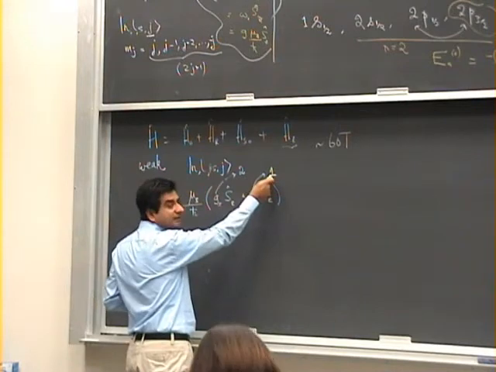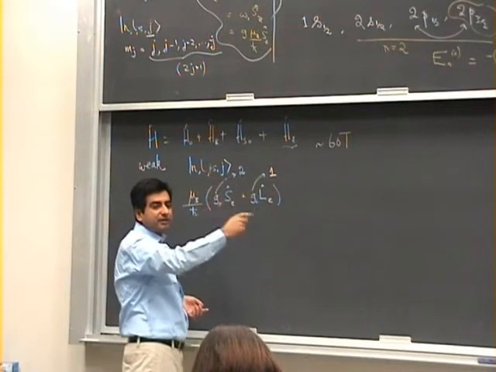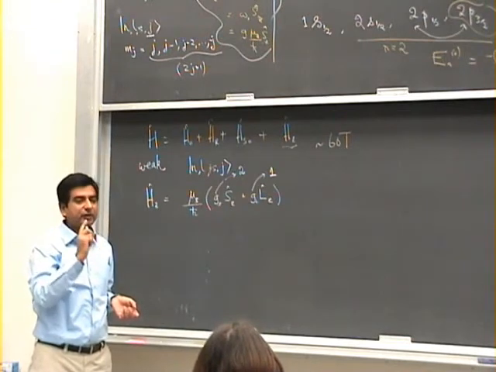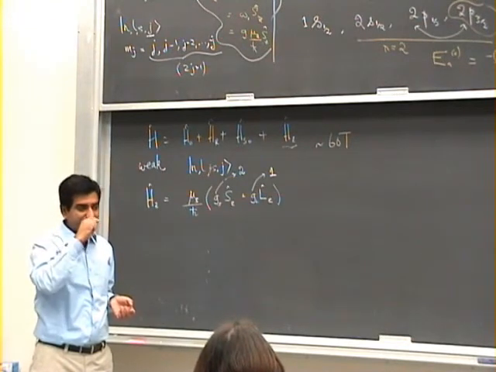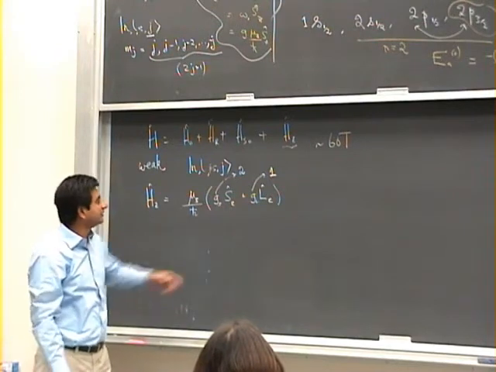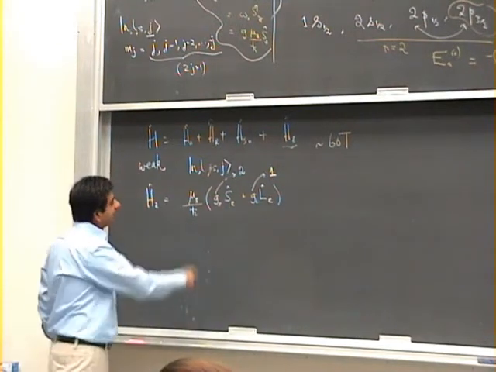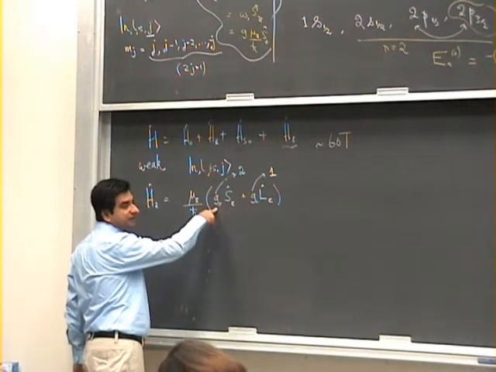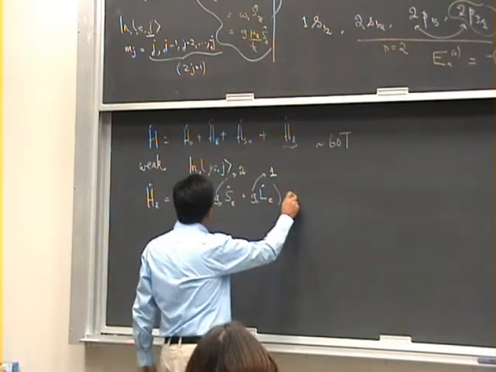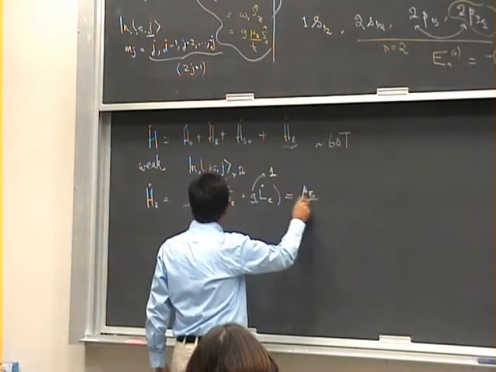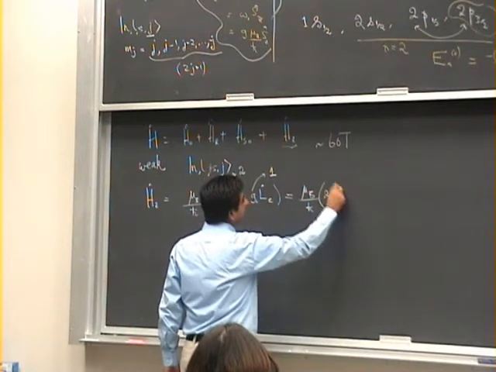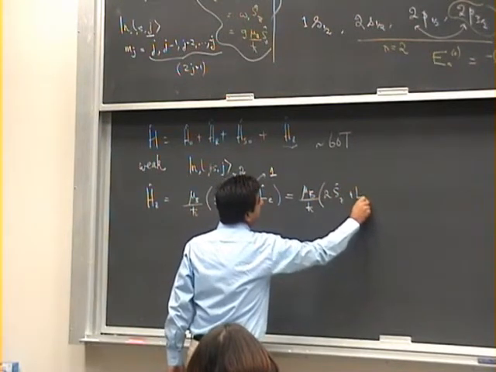This comes out from a classical calculation. You can find out the current due to a circulating electron around a proton, and you can find out its magnetic moment using Ampere's law. This turns out to be 1. This is 2. This comes out because of relativistic quantum mechanics, the Dirac equation. So really our Hamiltonian is mu B over h bar times 2 Sz plus Lz.